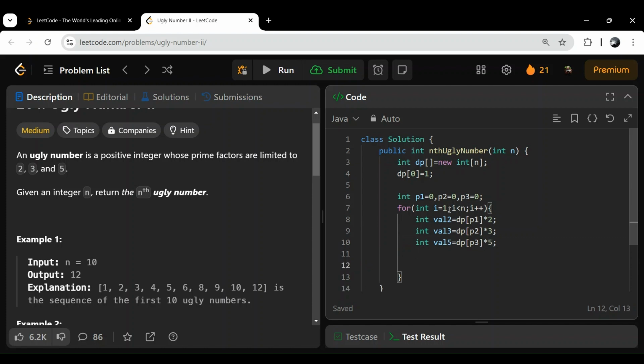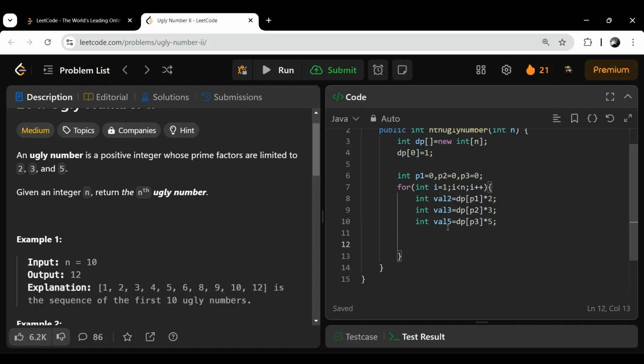Now we get our three multiplications. Now we want to place the minimum number, so dp of i is equal to Math.min of val2, Math.min of val3 and val5.